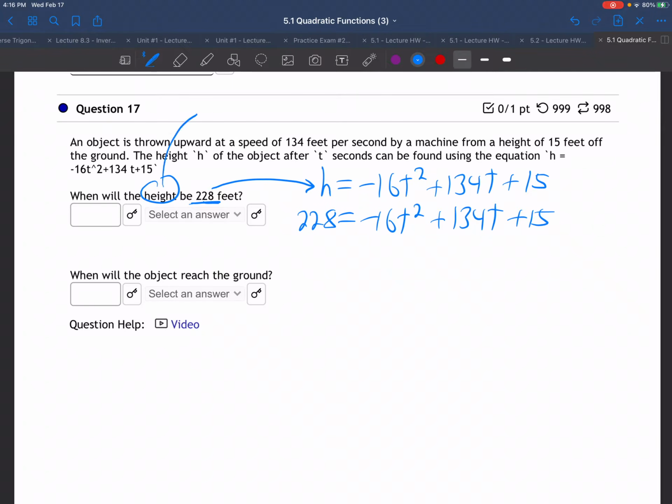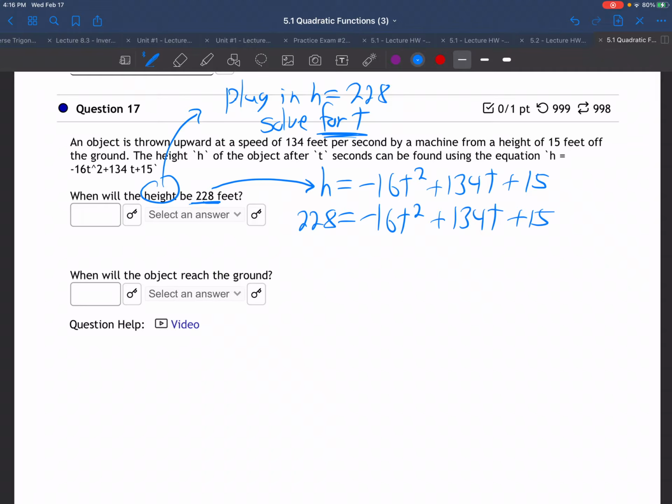Does that make sense? So we plug in height 228 and then we solve for t. We find the time when the height will be 228. So I solve this equation for t.